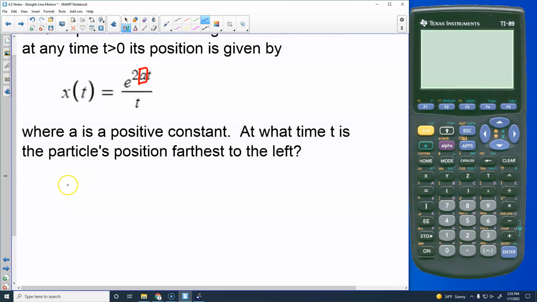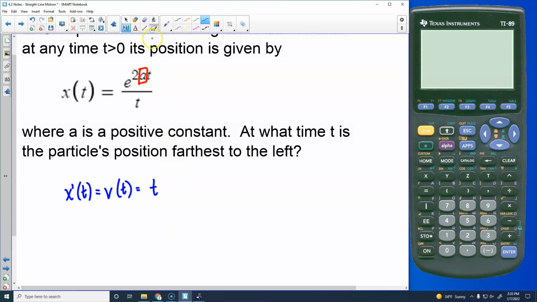Quotient. You could use product rule if you make a negative exponent on this. Alright, so I'm going to do x prime of t equals v of t here. So low is t. Alright.